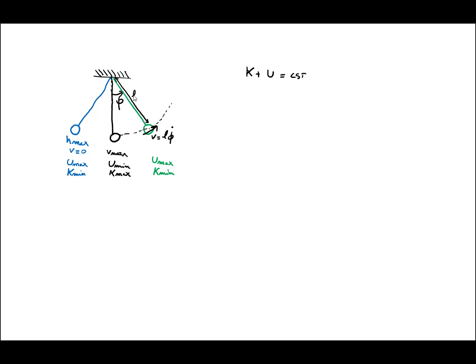So the kinetic energy is a half times m times the speed squared, and the speed here is L phi dot, and the potential energy is mgL times 1 minus cosine phi, and that's a constant. You can see here that this term over here will be 0 when phi is equal to 0, and indeed the potential energy will be 0.